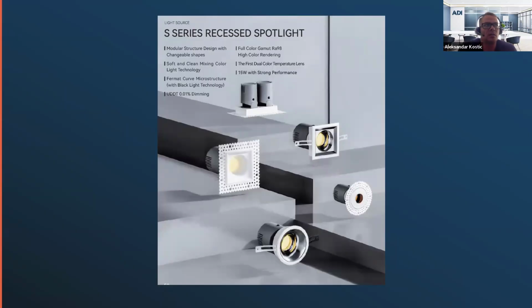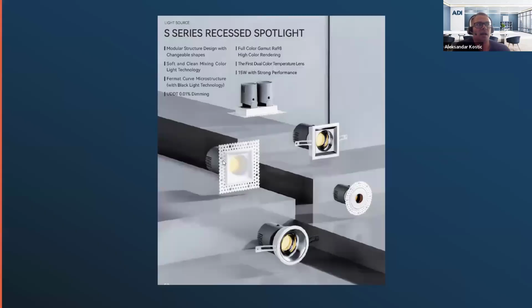Also regarding the temperature of the white, a dual color lens is implemented, which provides a smooth transition between different temperatures of the light. They are lights with 15 watts. You have different sizes and different formats available as well.